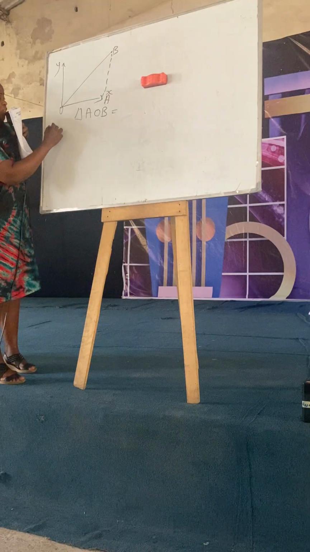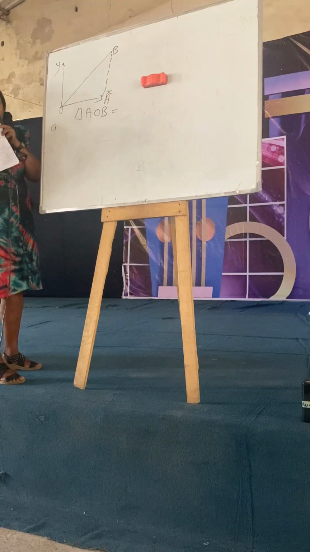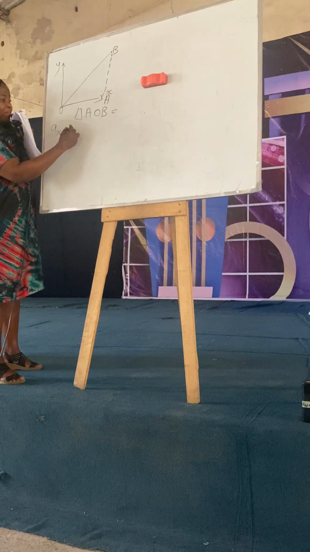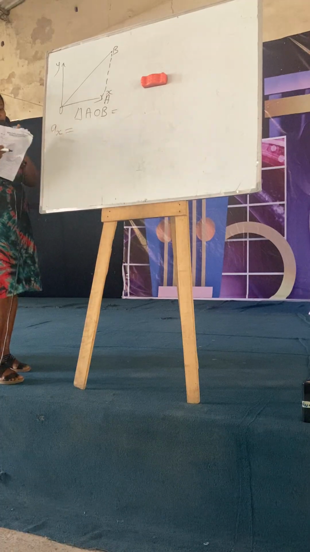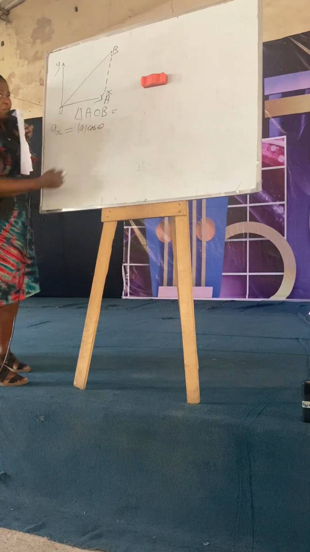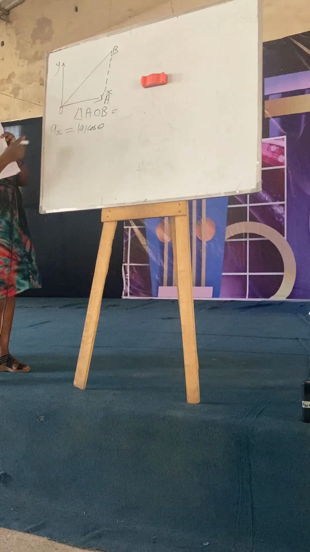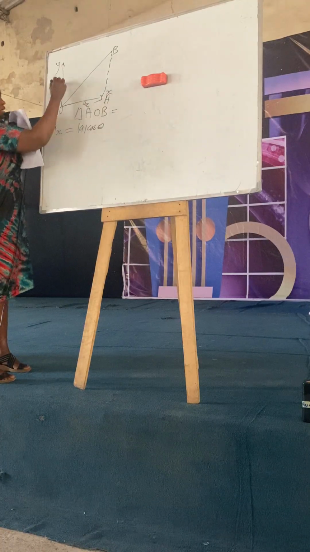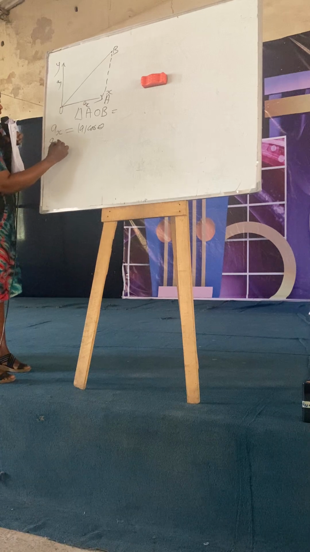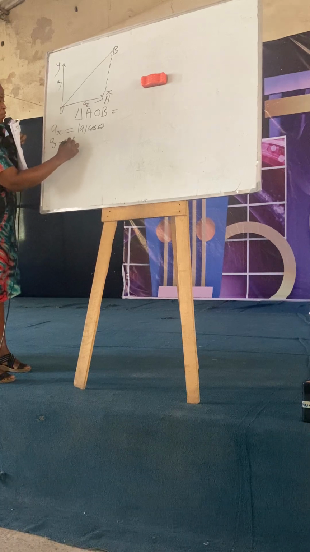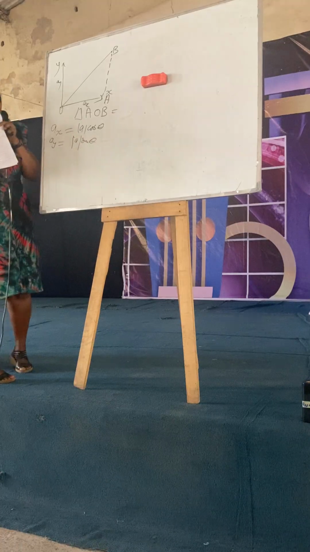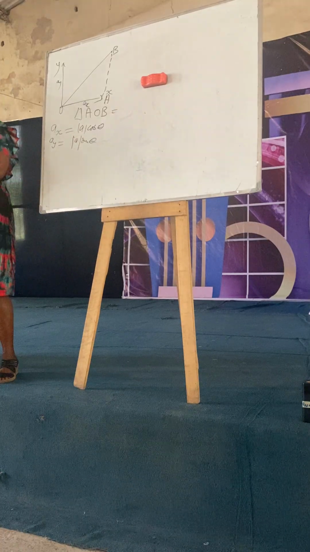If the vector is A, for it to resolve into horizontal, given by Ax, equals the modulus of A cos what? Theta. Then resolving vertically, you have that the modulus of Ay is equal to the modulus of A sine theta.